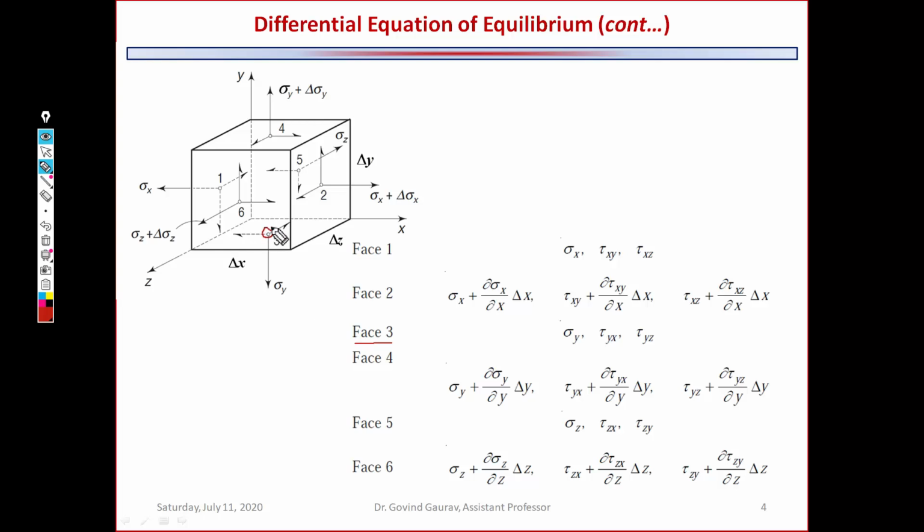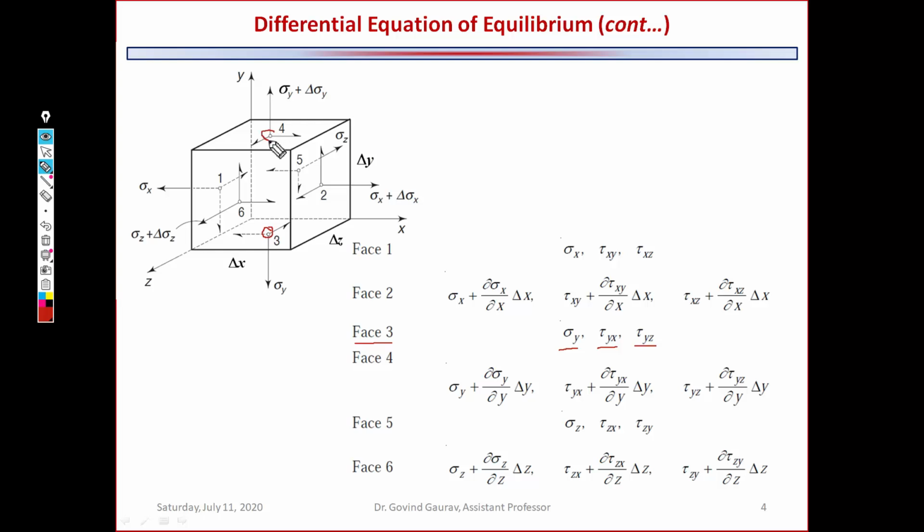Again it will be represented by one value of the normal stress, which is sigma y, or we can say sigma yy. The other values would be tau yx, which is the force acting on the y plane in the x direction. Similarly, tau yz represents the force acting on the y plane in the z direction.